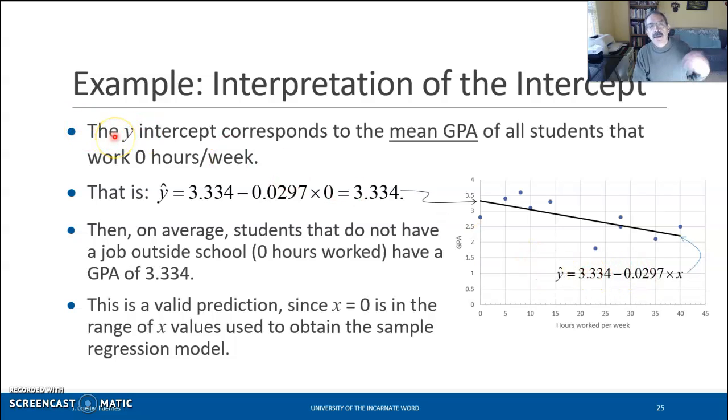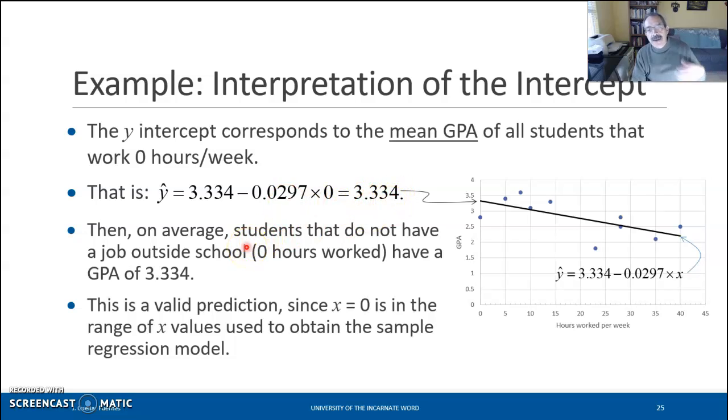We say that the y-intercept corresponds to the mean GPA of all the students that work 0 hours per week. That means they have no work outside of the work they do as a student. So using this equation, you set x to 0, and of course this term is 0, and so y at x equals 0 is just 3.34.